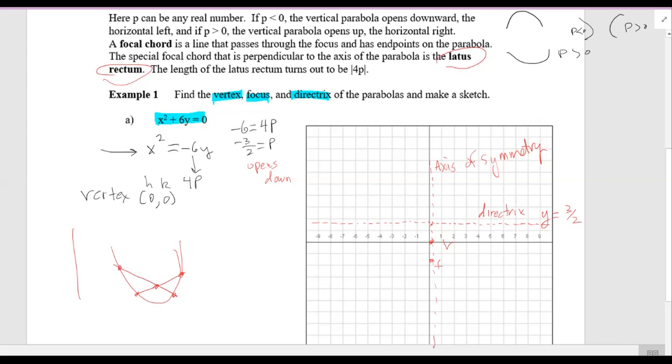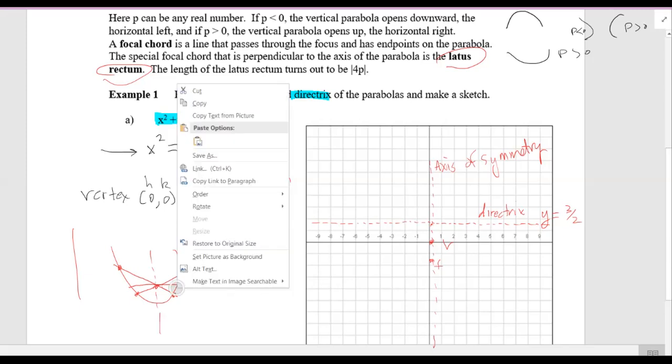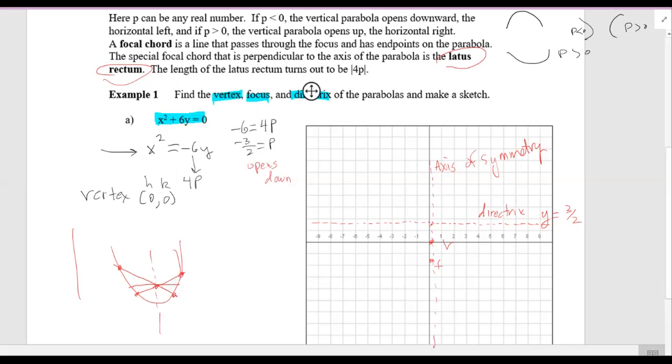Now the latus rectum is the one that runs through the focus and is perpendicular to the axis of symmetry. So you could say it's parallel to the directrix, but it's perpendicular to the axis of symmetry. That focal chord right in there, that's the latus rectum.